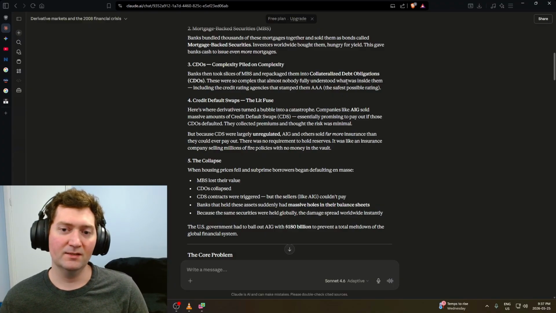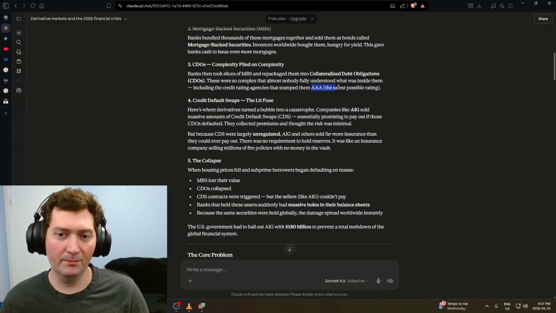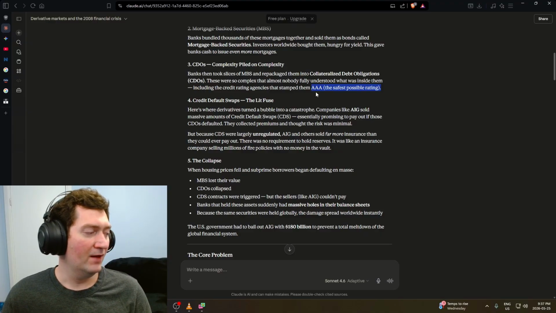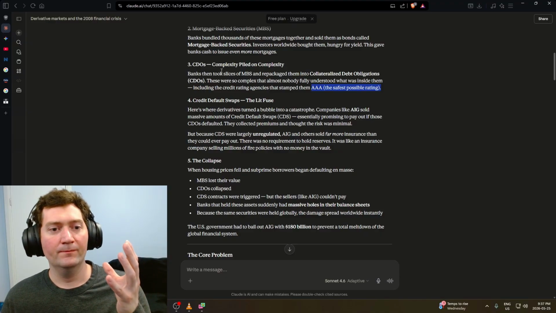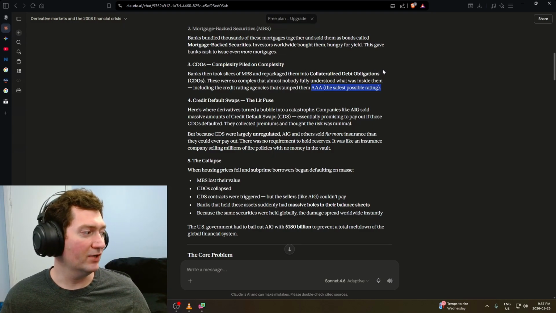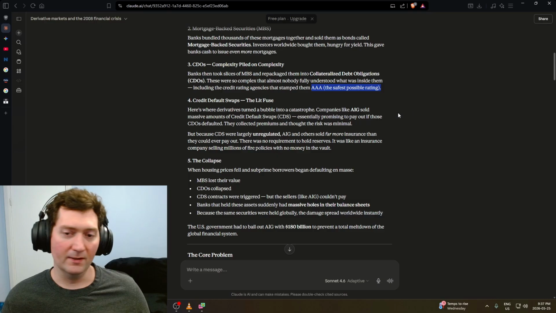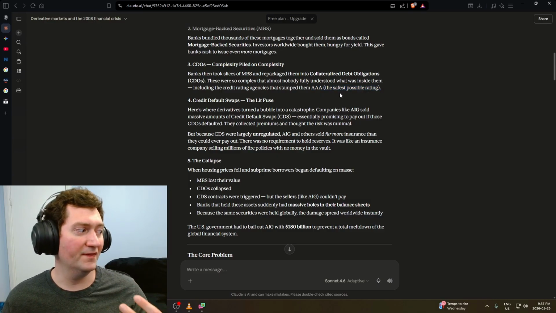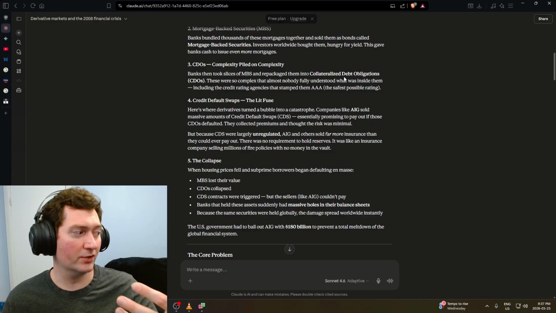Obviously stuff went wrong in each of the steps, but this is the big one to me. From my understanding, banks incentivized rating agencies to give it a high rate. I don't know exactly what they did, but there was an incentive structure there.